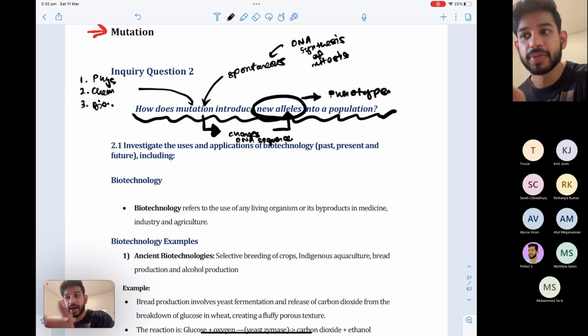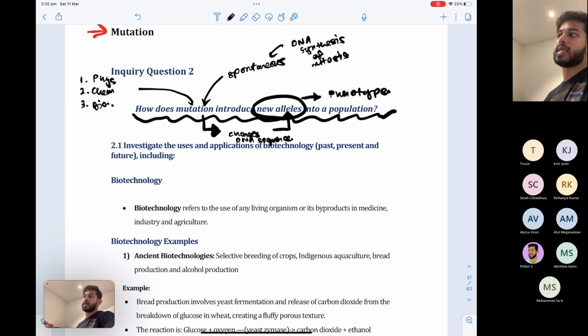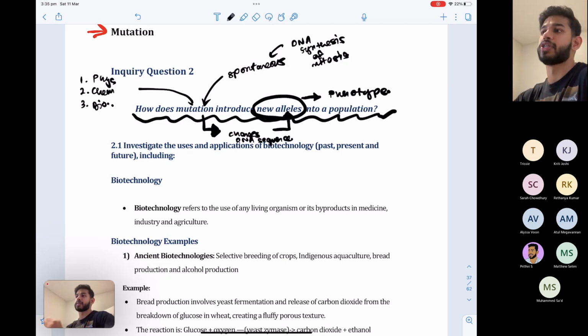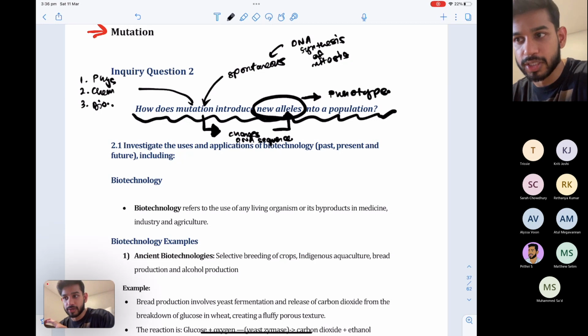So it doesn't even have to be the living organism itself. Any product that's made by that living organism as well, in any application in health, society, and industry, which is literally every single sector in humanity, right? So if we use living organisms for any human benefit, that is regarded as a biotechnology.